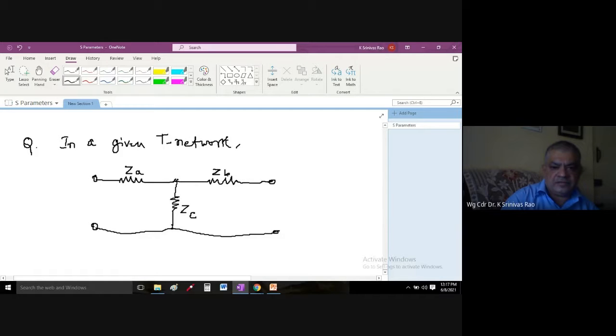These are all impedances, and they have given some values in ohms: ZA ohm, ZB ohm, ZC ohm.